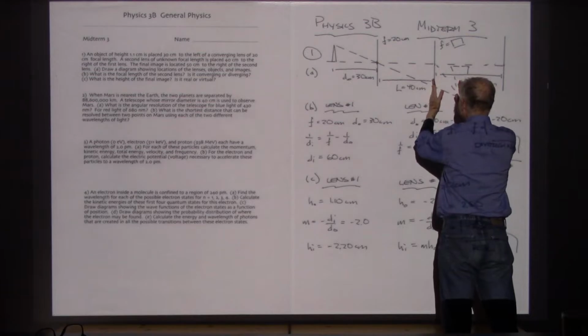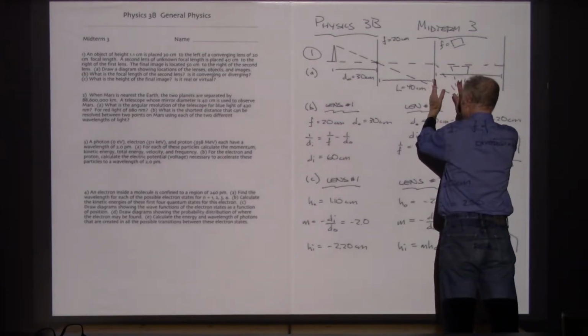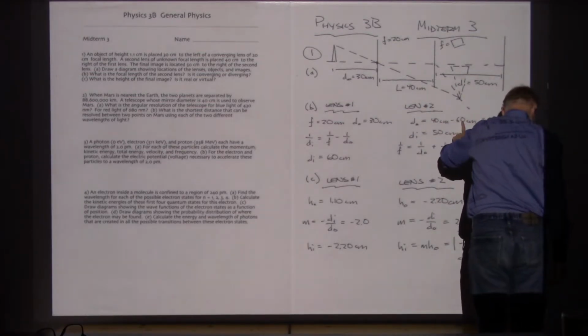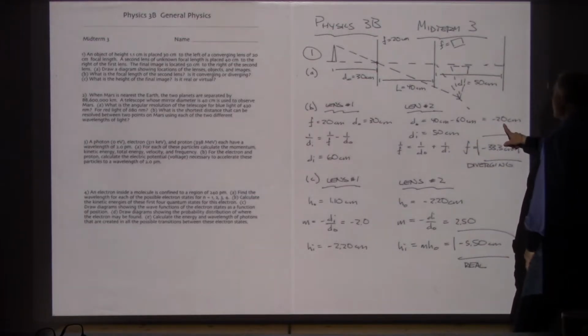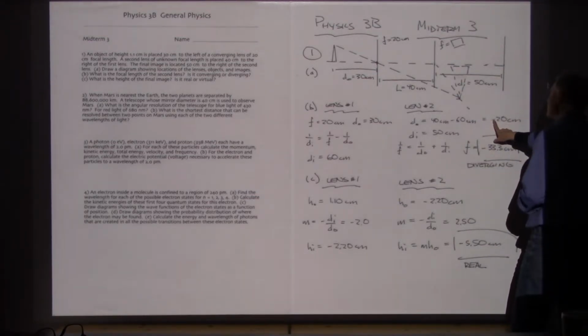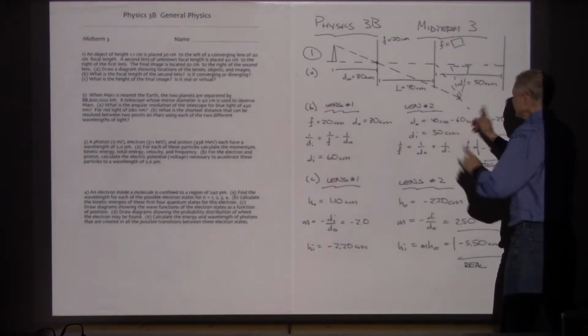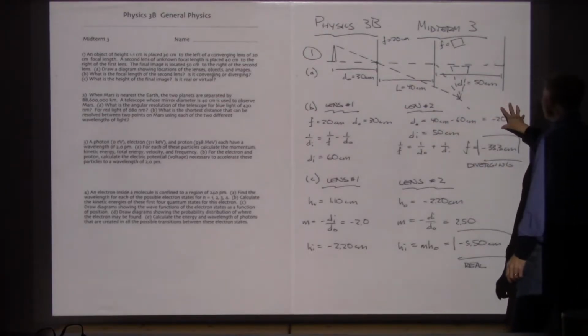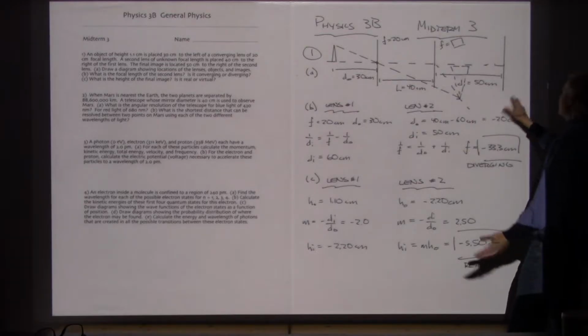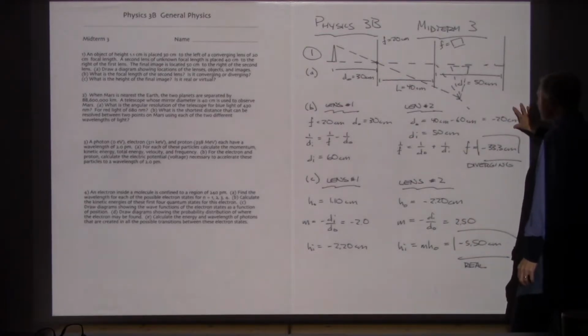So the DO for lens 2 is going to be 40 minus 60. That's going to be minus 20 centimeters. Now I just needed to get a minus sign in here. Kind of is why I did this. I could have done it the other way and then added the minus sign by hand. That's fine. Anyway, the DO is negative 20.